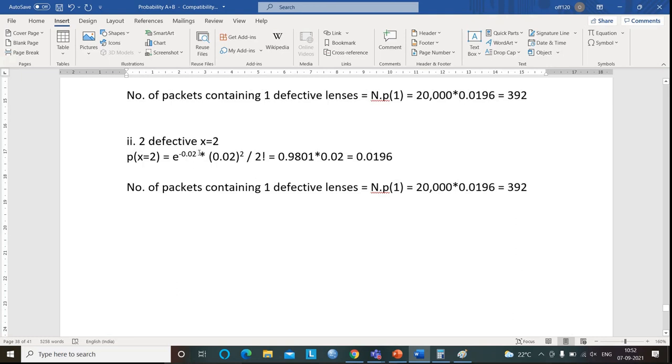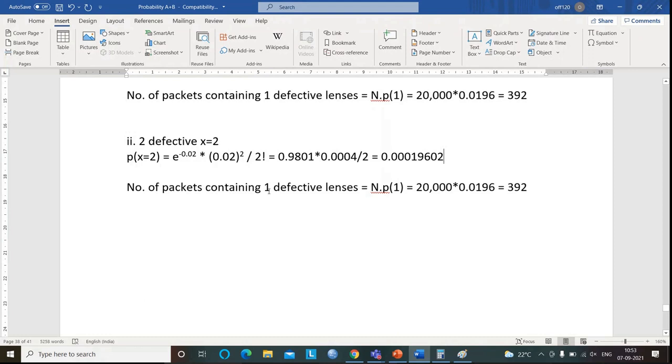Anyways, e power minus 0.02 becomes 0.9801 into 0.02 to the power of 2, which becomes 4, divided by 2 factorial, which is nothing but 2. By doing this calculation, we get the answer as 0.00019602. That means the probability of getting two defective lenses. This is only the probability.